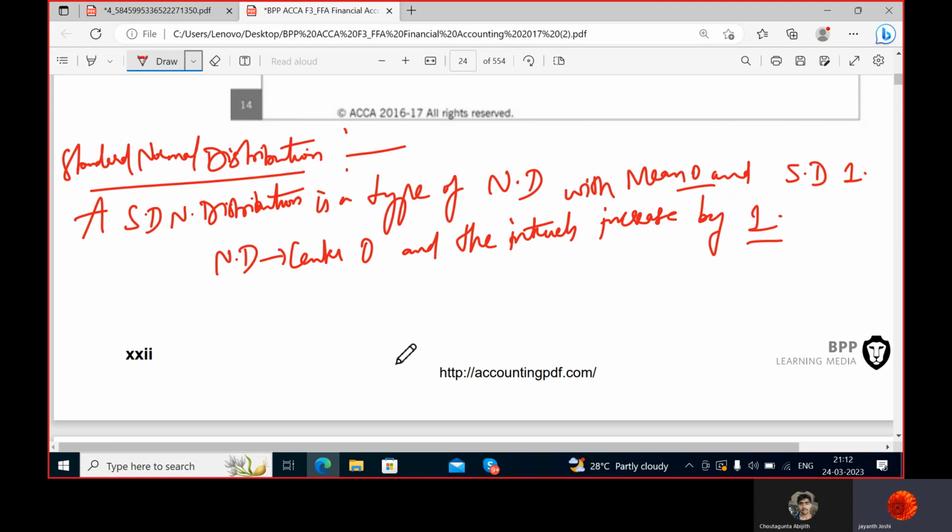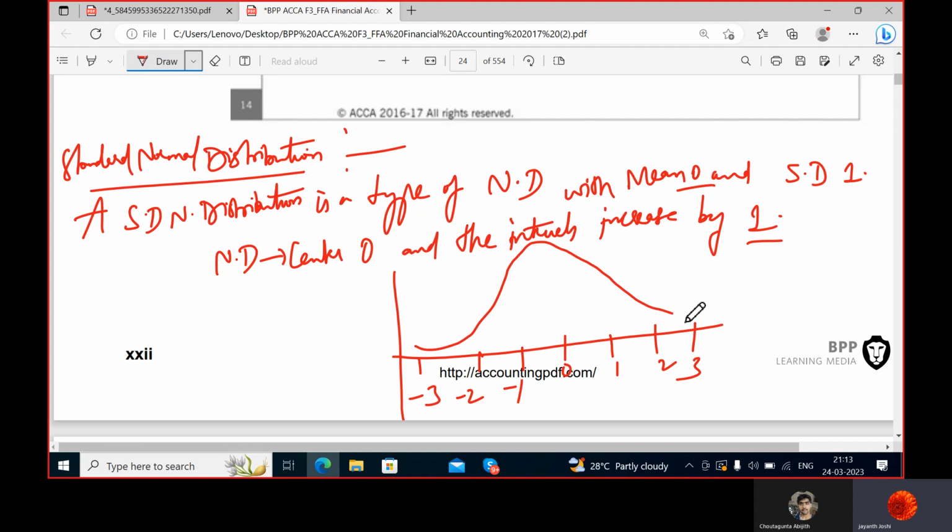For example, if I draw a diagram in front of you, this is 0, 1, 2, 3, -1, -2, -3, correct? And I make a particular normal distribution. This is your mean, but my actual data was 50, 55, 60, 45, 40.